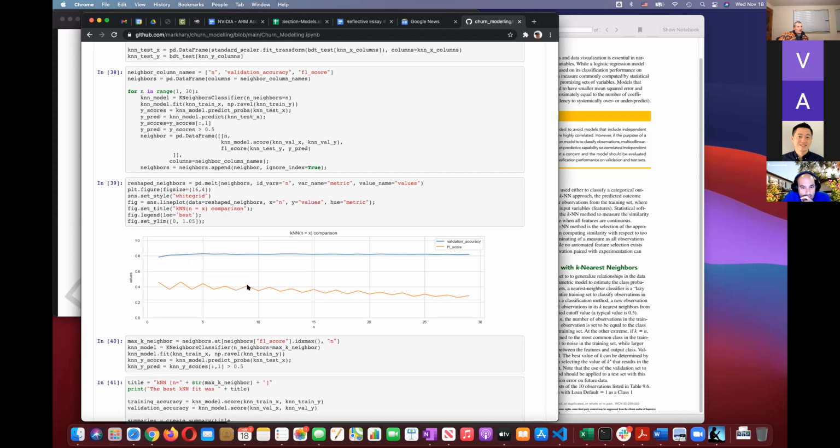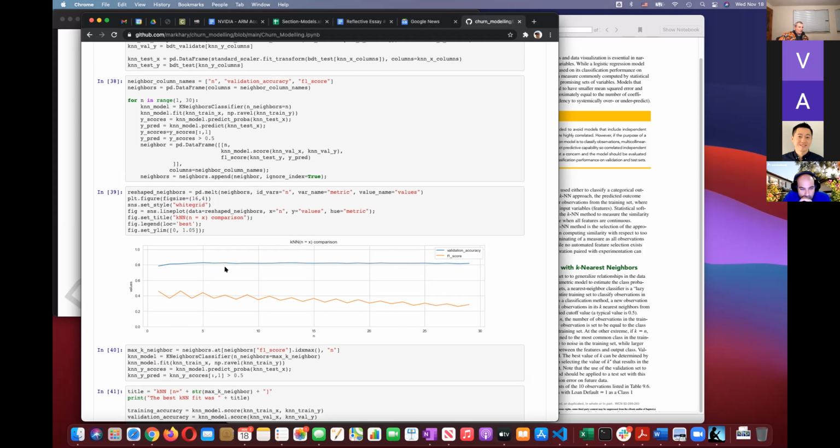The F1 score gets worse, which means that as I increase the number of neighbors that I look at, the ability to distinguish between class 1 and class 0 seems to be getting worse. Yet somehow my ability to correctly identify them within the data set is staying the same, which I don't really understand. But it's what this tells me, so I have to look into it a bit more.